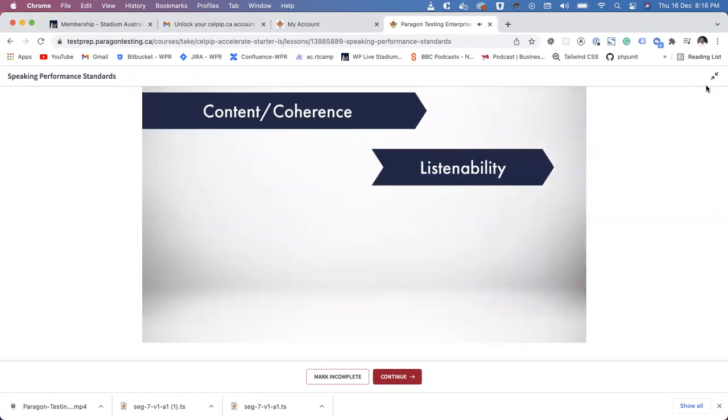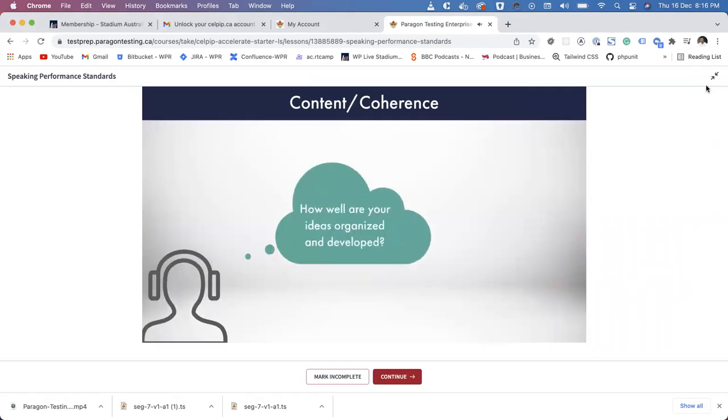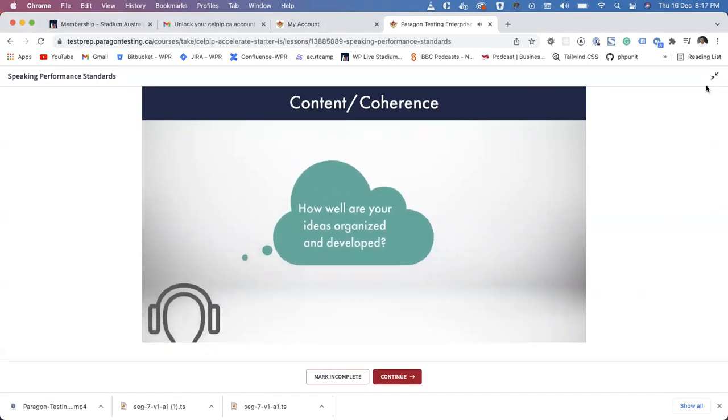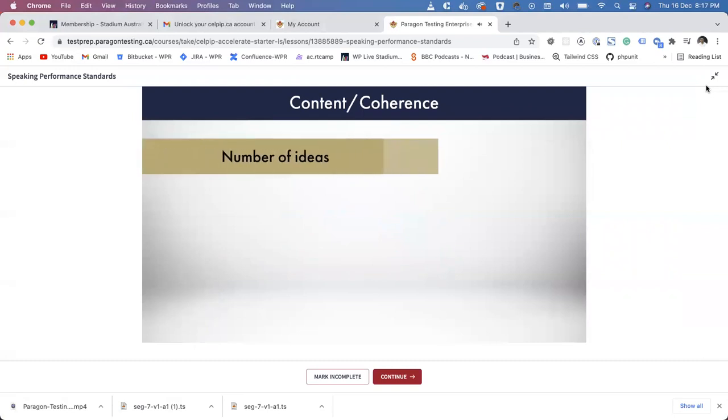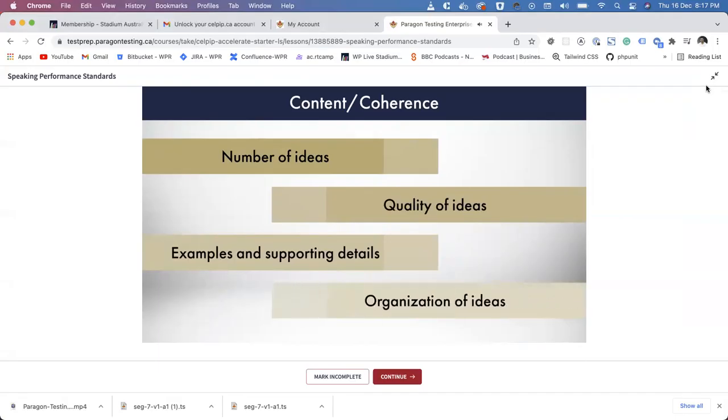Let's look at content and coherence first. In this dimension, the raters are determining how well your ideas are organized and developed. The 4 factors they consider in this dimension are number of ideas, quality of ideas, examples and supporting details, and organization of ideas.